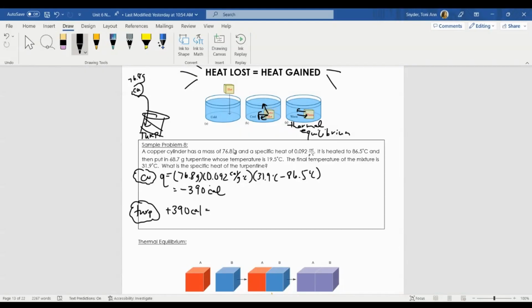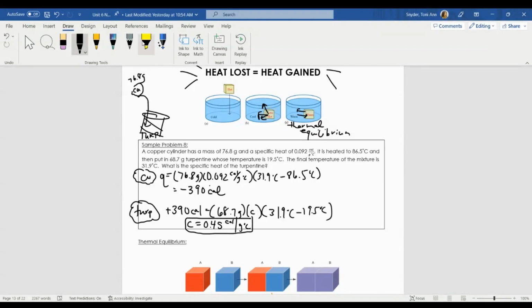Knowing that, the mass of the turpentine is 68.7. Specific heat's what I'm trying to find, times my delta T. So final minus initial again, 31.9 degrees. The final's the same, notice that. Minus the initial temperature of the turpentine, which was 19.5. And when you solve for this, you should find that the specific heat for turpentine is 0.45 calories per gram degrees Celsius.